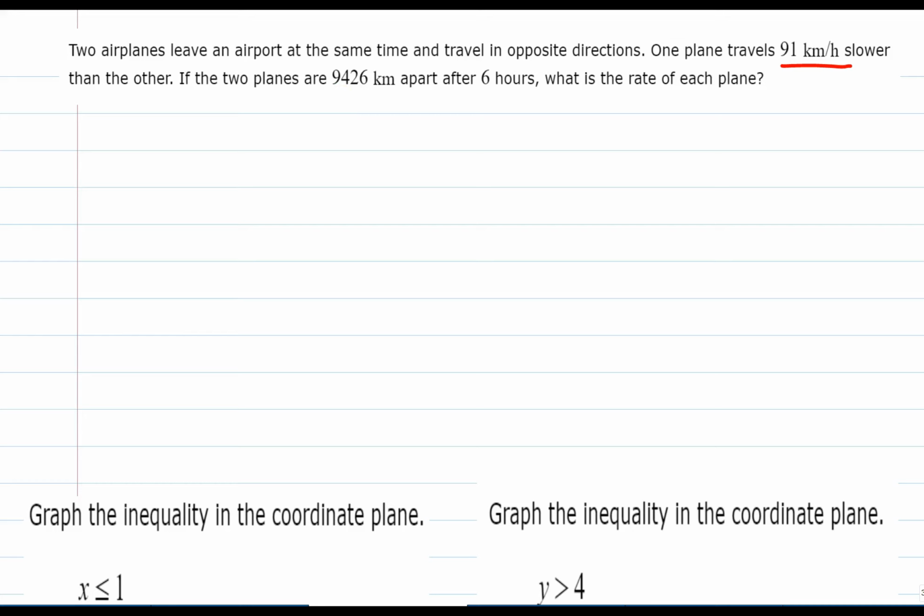Okay. This right here is a what? Total what? Distance. This right here is a what? And they're asking us to solve for a rate.